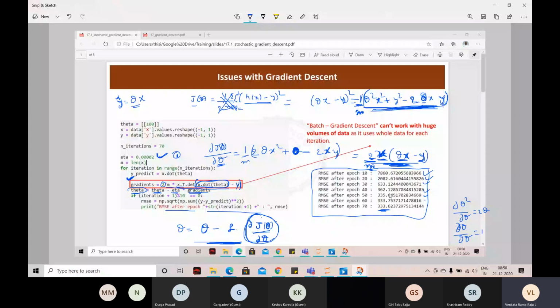RMSE might have increased. So it would have diverged. So we would reduce this number and it would come to the best place. That's how you play with it.